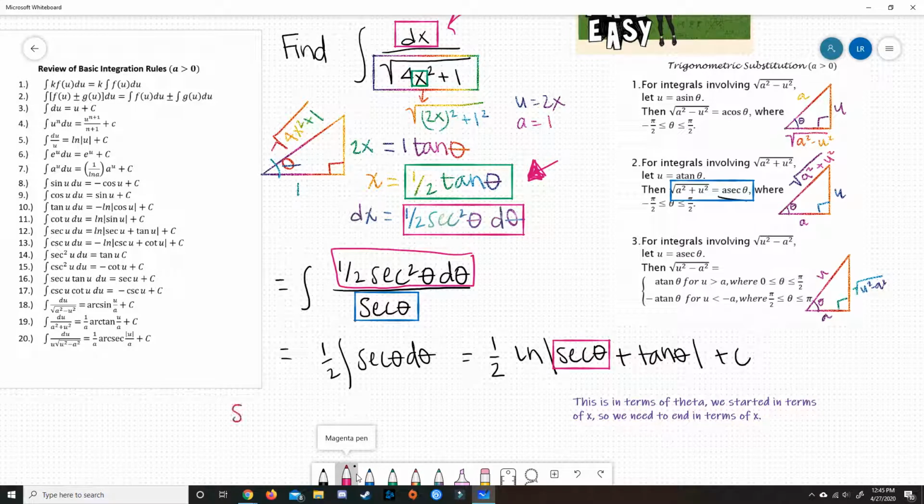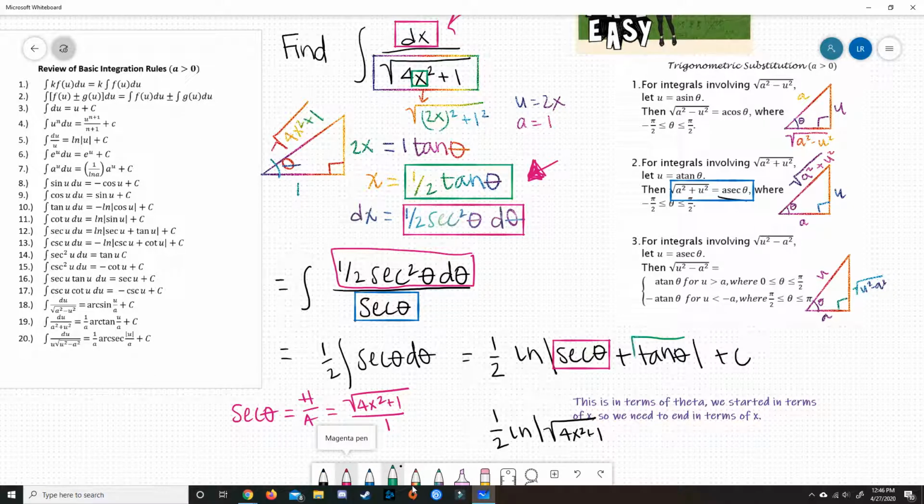What are we going to replace this with? Well, secant of theta, looking at our triangle, remember secant is the reciprocal of cosine, and so secant of theta is going to be hypotenuse over adjacent, which is the square root of 4x squared plus 1 over 1. So I can replace that piece of it with the square root of 4x squared plus 1.